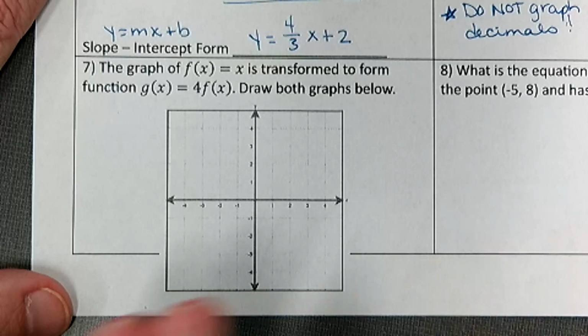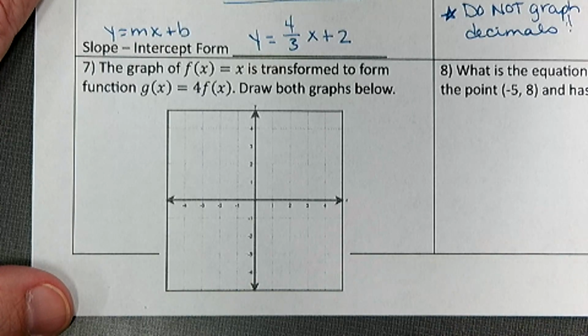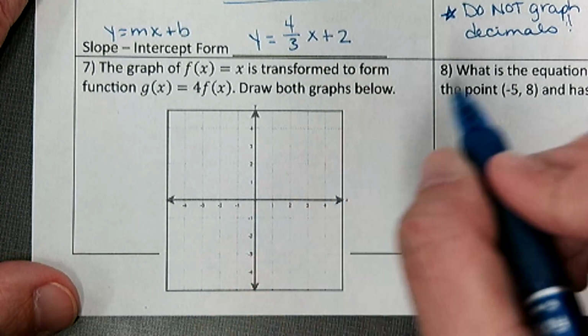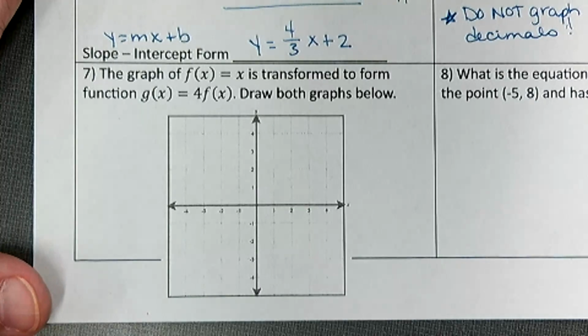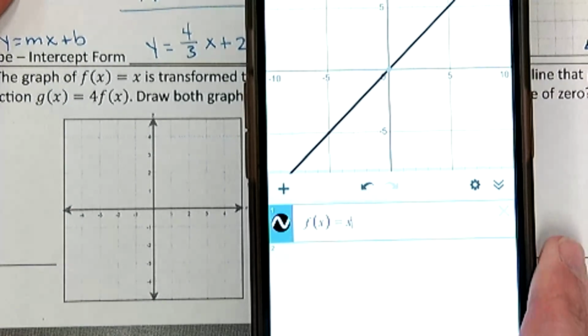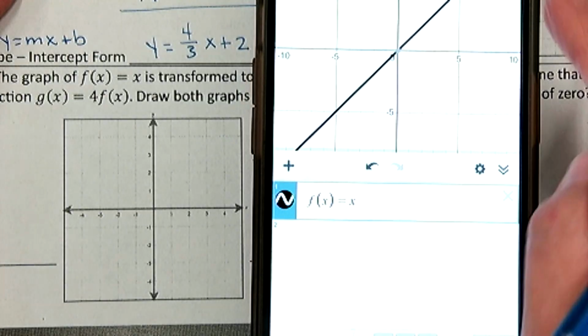Graph f of x equals x transformed to form g of x equals 4 f of x. Do both graphs below. So you definitely want to be using your Desmos for that, and you should have your computer so that you can do that. So I'm just going to use the Desmos on my phone.